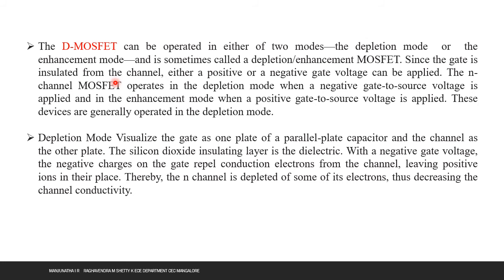So next, the DMOSFET can be operated in either of two modes, the depletion mode or the enhancement mode. This is the difference between the EMOSFET and DMOSFET, and I explained it earlier also.